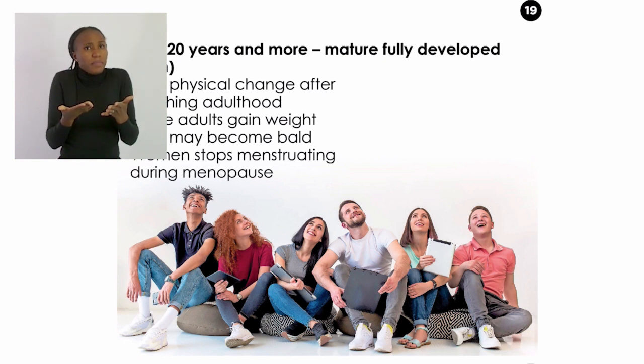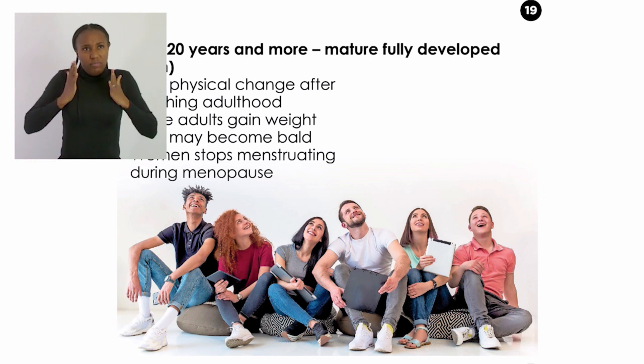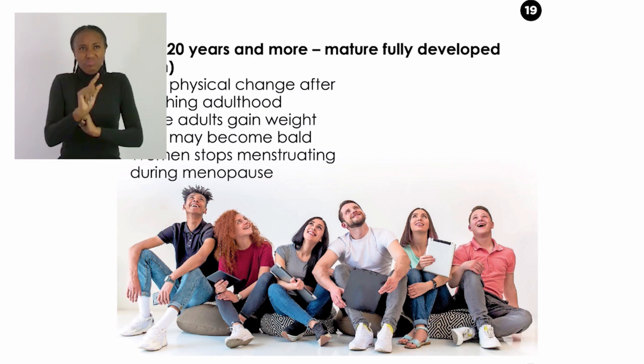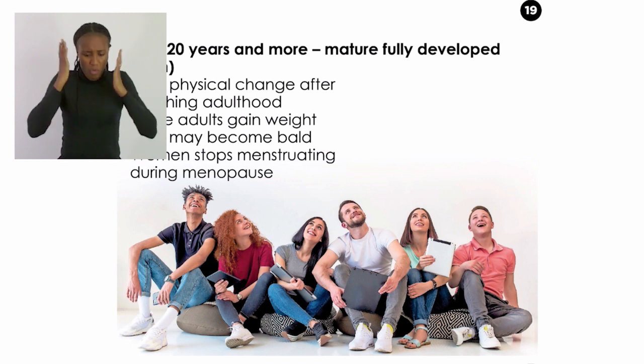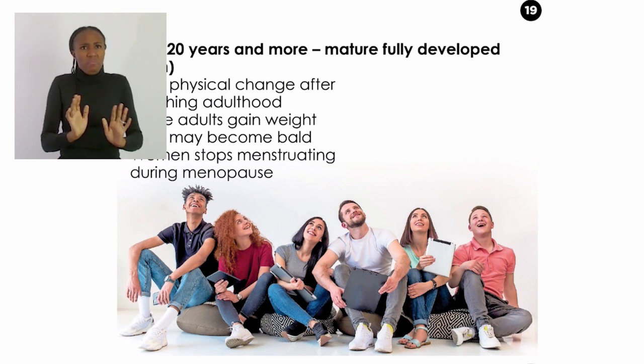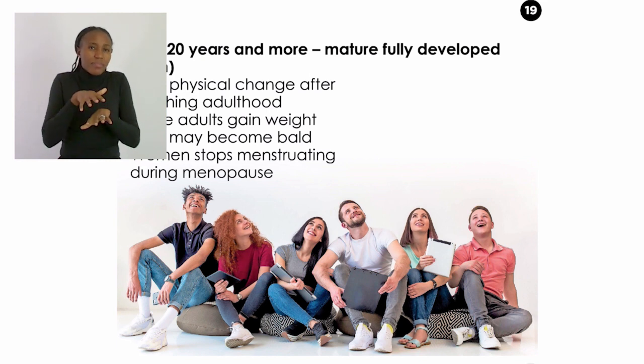Little physical changes after reaching adulthood, okay? So when an adult person doesn't really change, the changes are hardly seen because they happen at a very low pace. Okay? So they don't change, they don't grow fast anymore as the young ones. Some adults gain weight.